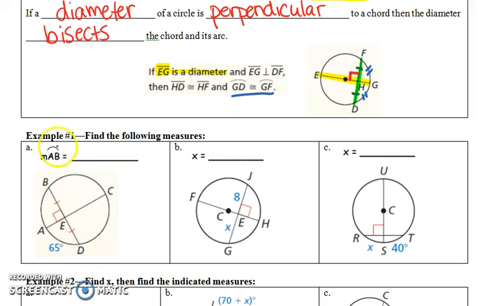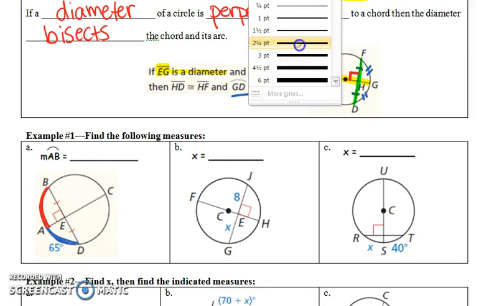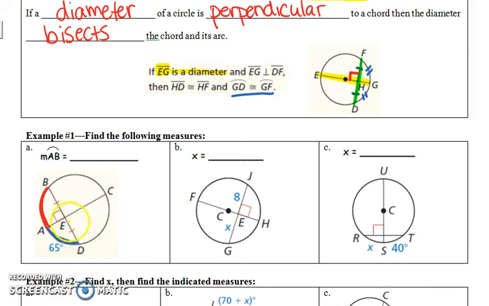So let's jump to example number 1. This example is asking us to find the measure of arc AB, which is right here. From the picture and what we're given, arc AD is 65 degrees, and we're also given that chord BD is being perpendicularly bisected.